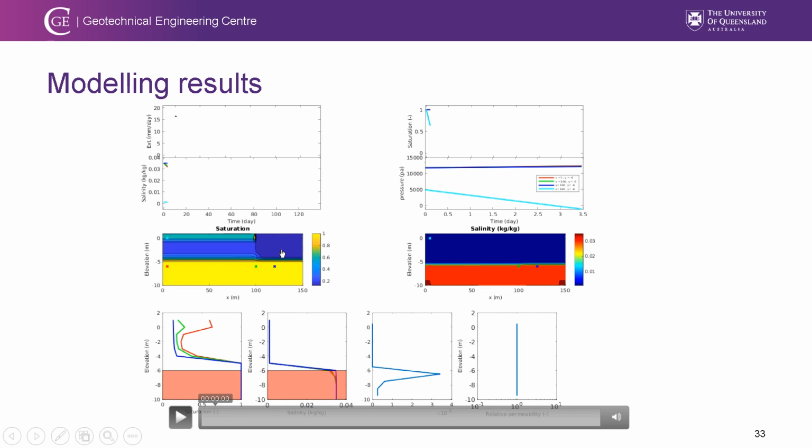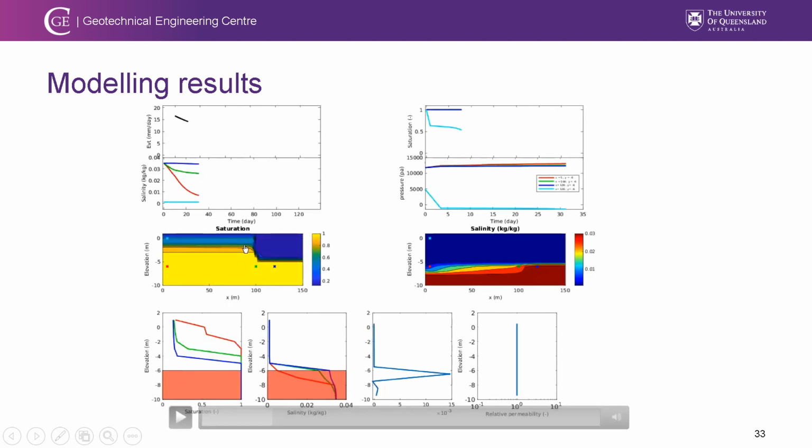But because the permeability in between these layers is relatively high, and also the gravity effect, the water in the pond starts dropping down to recharge the water table, and that allows the water table to rise. It rises to a relatively high elevation, and this high elevation makes the pressure in the pond higher than the ambient environment. Then it starts dissipating from the pond to the ambient environment.